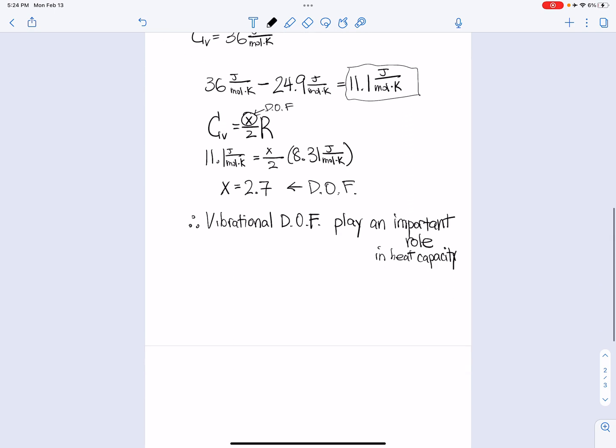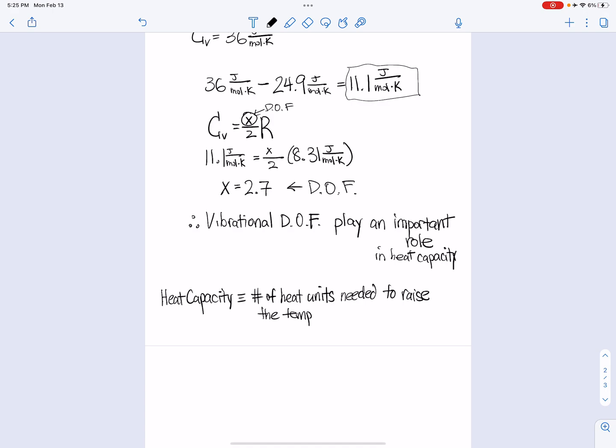And when we say heat capacity, it's really just the number of heat units needed to raise the temperature of an object by 1 degree Celsius.